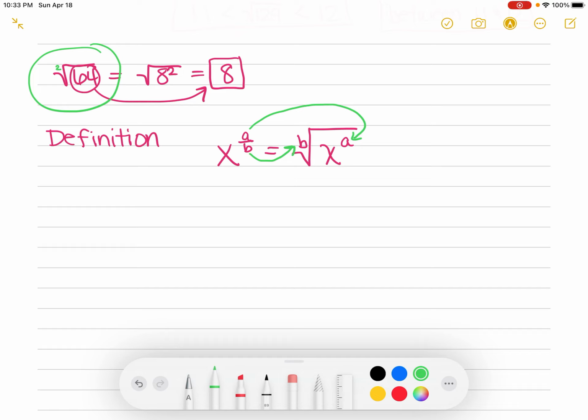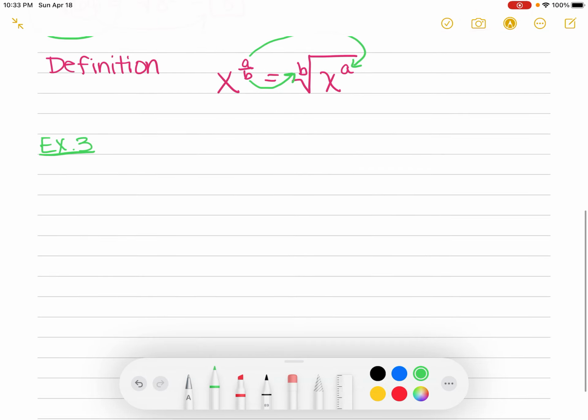They're cube roots and other types of roots. So let's look at example 3. And we're going to go back to this definition. So if you don't understand the definition right now, don't worry about it. We're going to talk about it some more. Okay, so example 3 says simplify the cube root of 8.